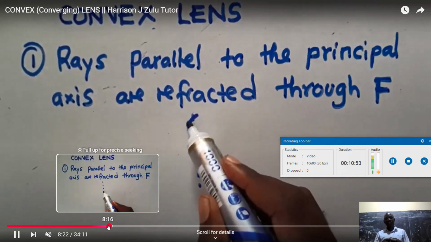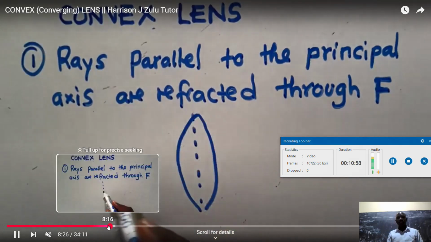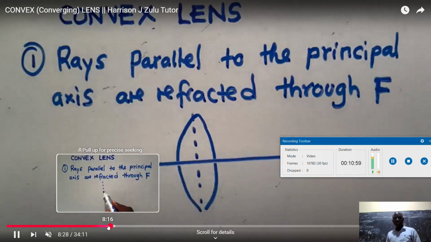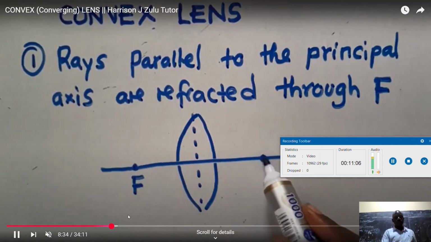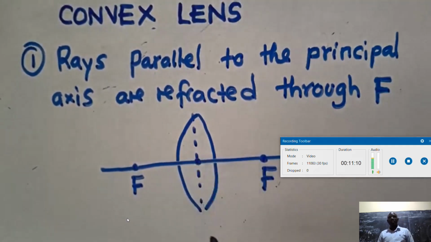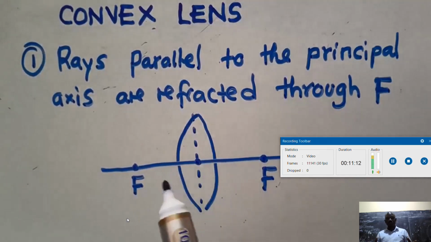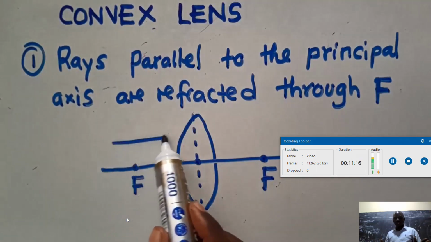So if you have the lens, which is represented by the dotted line, and the shape of the convex lens, and I have the horizontal line, that's my principal axis. Then I draw the two F's on both sides, that is the principal focus.